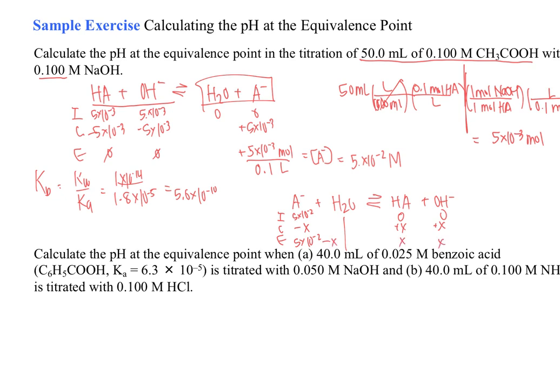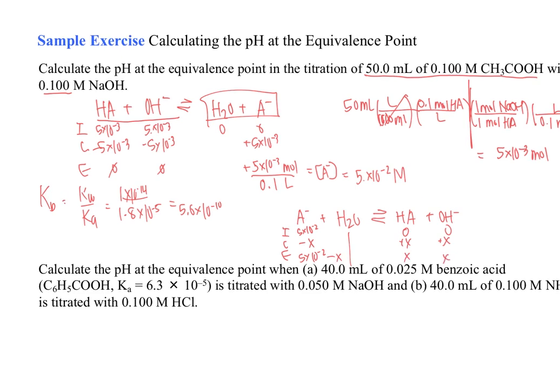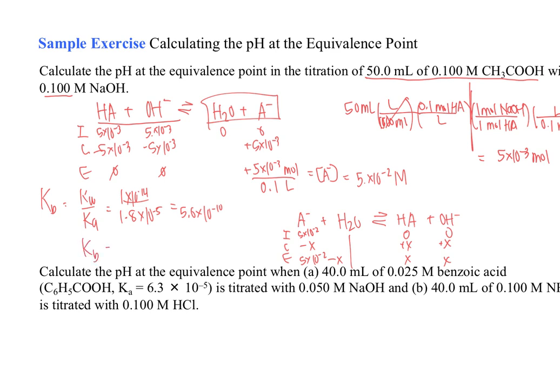equilibrium problem. So now I have my Kb for my base, which is equal to HA times hydroxide divided by my conjugate base, or my base here. And that's going to be equal to x squared over 5.0 times 10 to the negative 2. And we don't need to worry about the minus x because Kb is really tiny. This whole thing is equal to 5.6 times 10 to the negative 10.